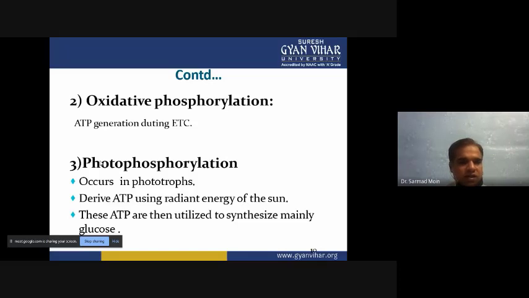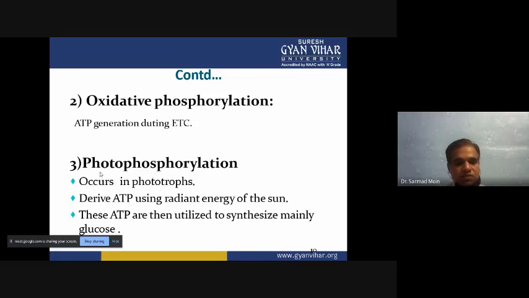Then photophosphorylation also exists, and it happens only in phototrophs. The organisms which capture sunlight have photophosphorylation, and they derive ATP using the radiant energy of the sun.